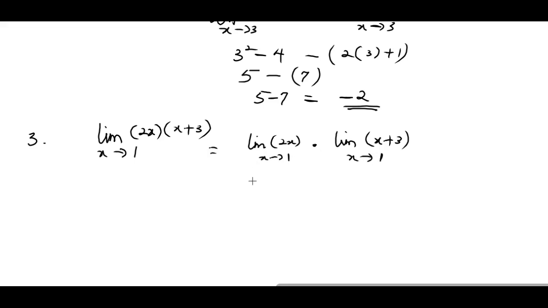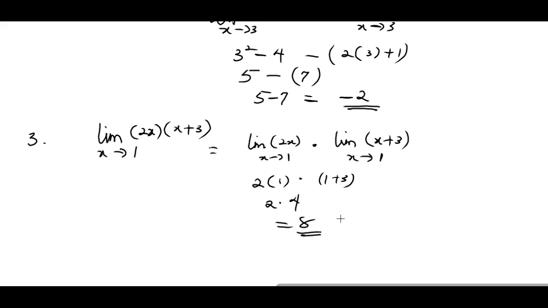So the limit of 2x as x tends to 1 will be 2 into 1 multiplied by 1 plus 3. So 2 multiplied by 1 is 2, times 1 plus 3, that is 4. 2 times 4 will give us 8. And that is that about that question.